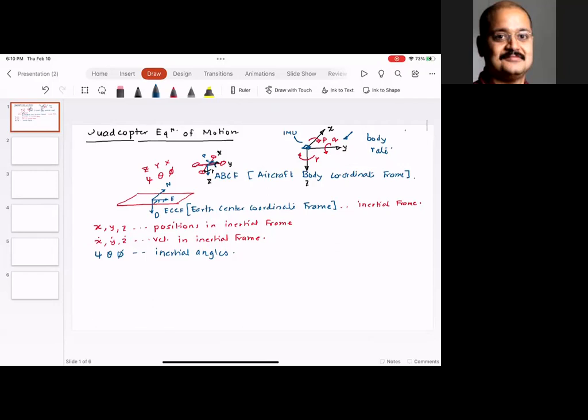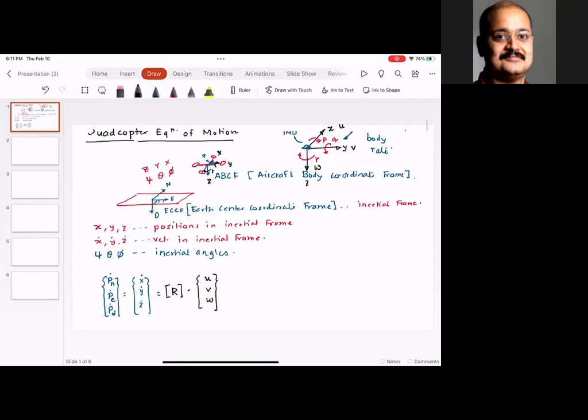So basically, we said something like this, and I will rewrite this: Pn dot, Pe dot, Pd dot, which is nothing but X dot, Y dot, Z dot, is equal to, and the velocity in X is U, velocity in Y is V, velocity in Z is W, is equal to a transformation matrix R multiplied by U, V, W. You agree with me?